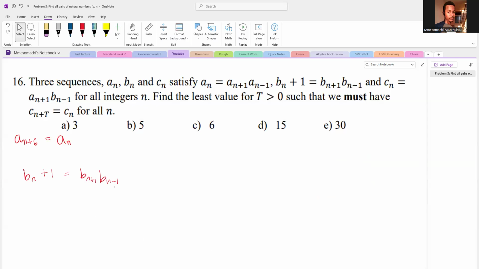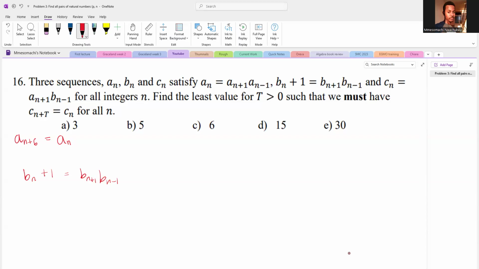As you can see, this plus 1 creates sort of an issue, and we want to take the ratio. But I mean, we could still take the ratio and see where that leaves us.